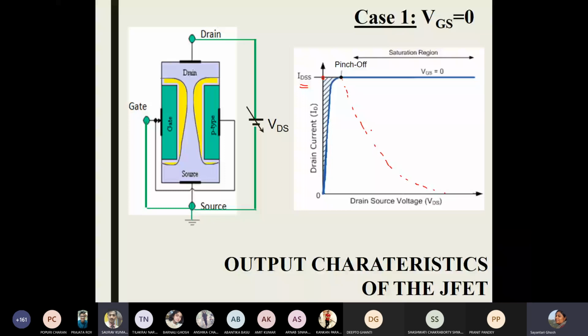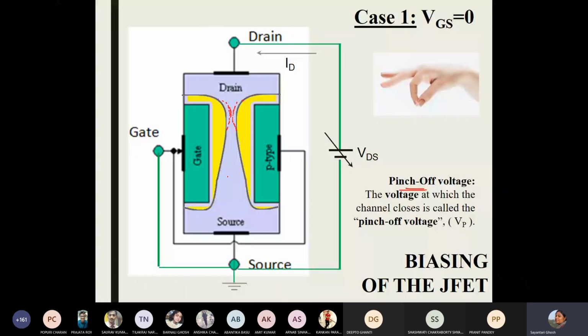So let me explain this. Consider this scenario: I am increasing VDS, the current was increasing, and the depletion regions were also growing, and they have just touched. Let us consider your notion. As soon as they touch, the current will stop.